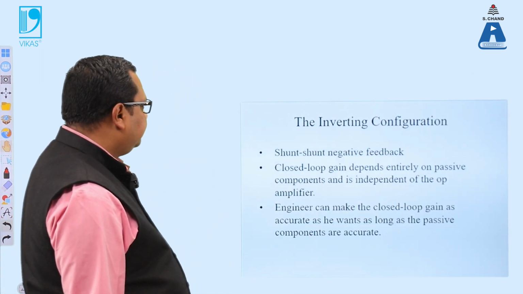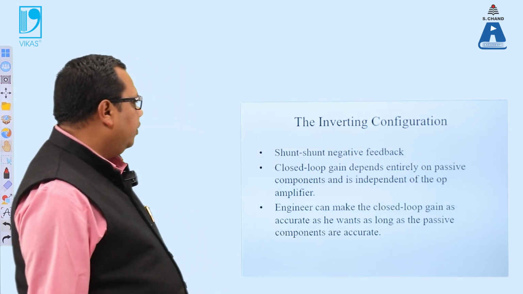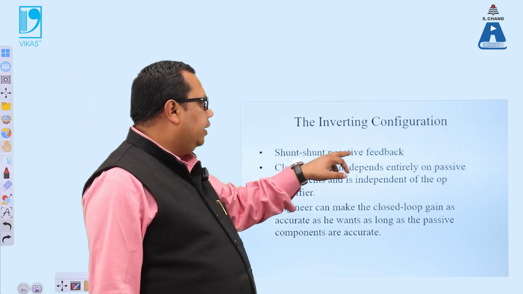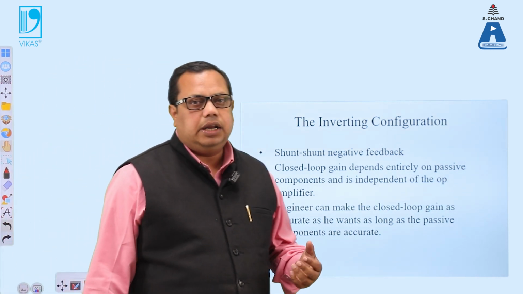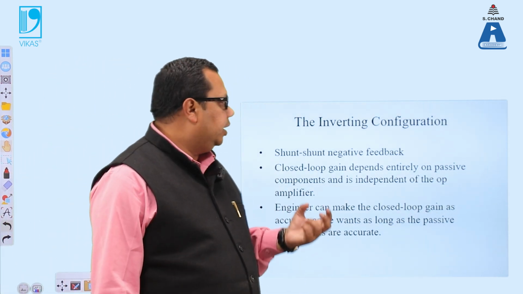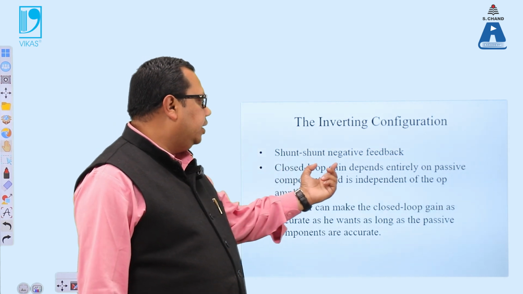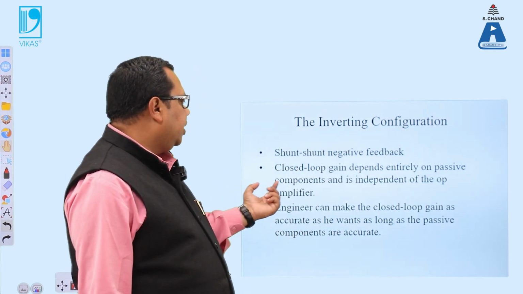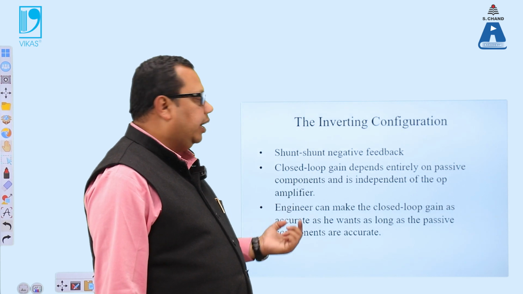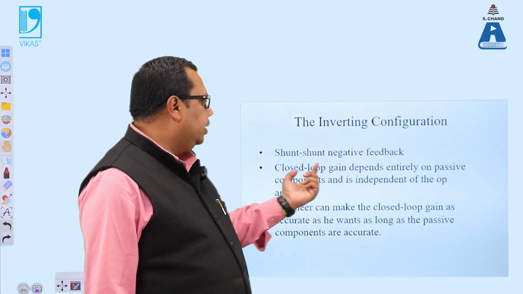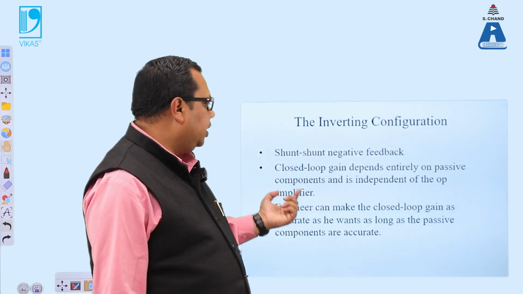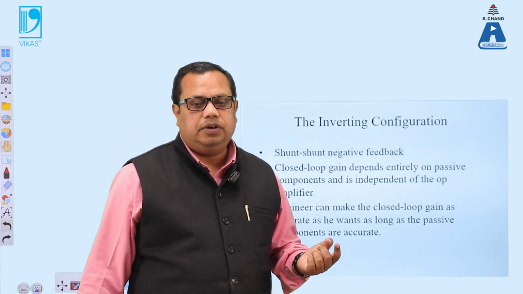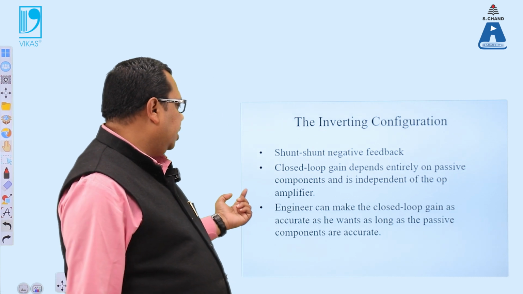Then we have the inverting configuration. Inverting configuration is shunt negative feedback. So shunt, we all know, is a small value of current, and it is a negative feedback. Closed loop gain depends entirely on the passive components and is independent of the amplifier. So the closed loop gain is entirely dependent upon the components, and it is independent of the amplifier.